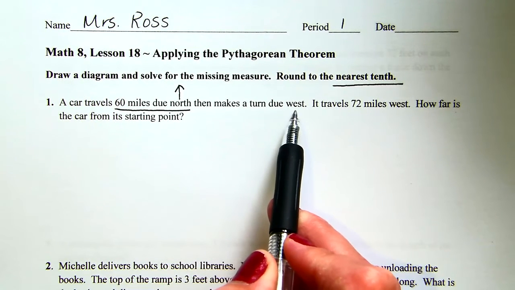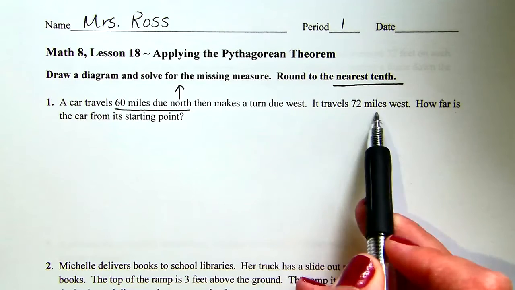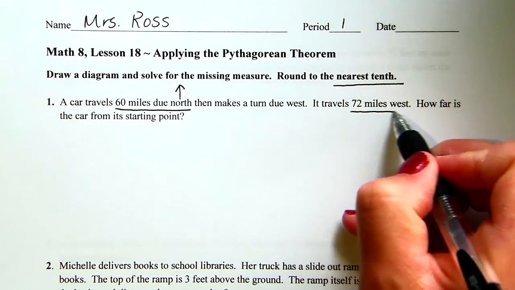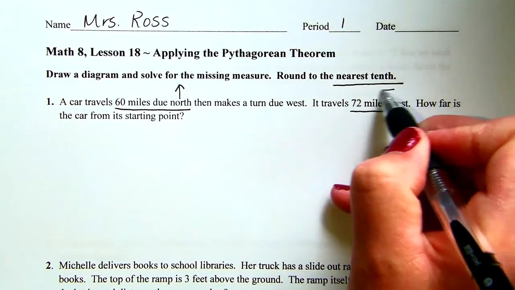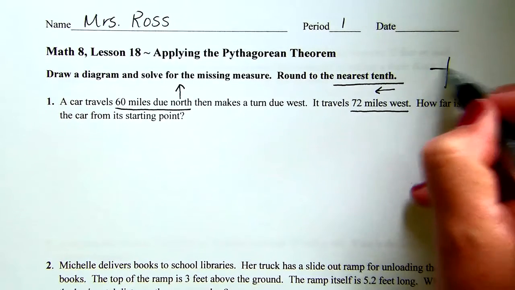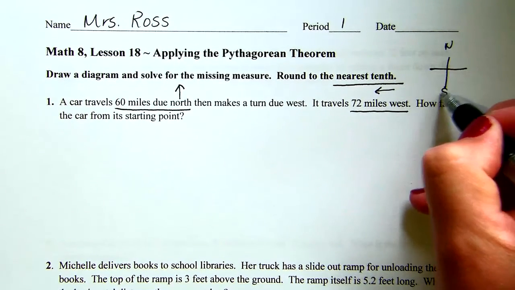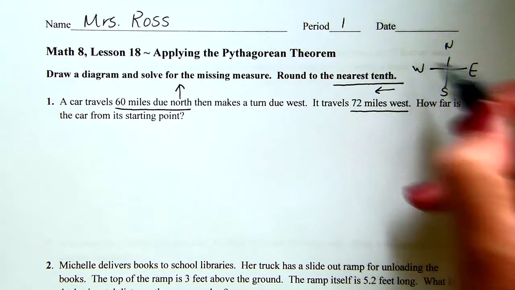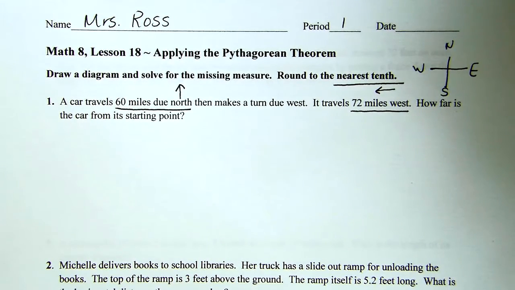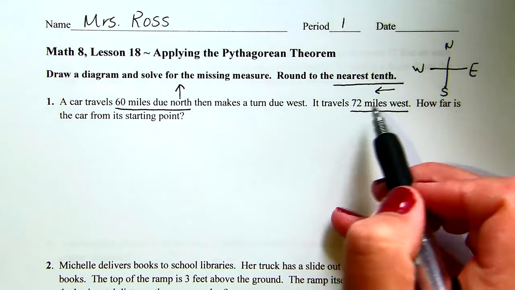It travels 72 miles west. I'm going to underline 72 miles and west. And when we look at a general compass, we have north, south, east, and west. So I'm going to put my arrow for west going to the left.